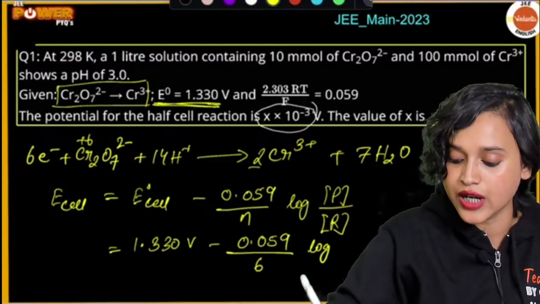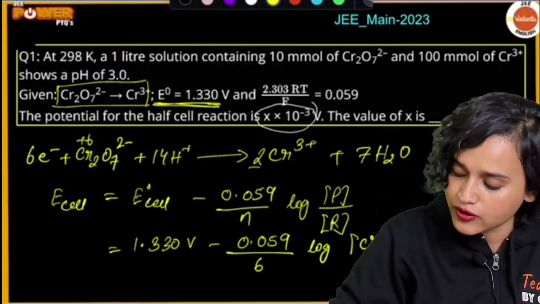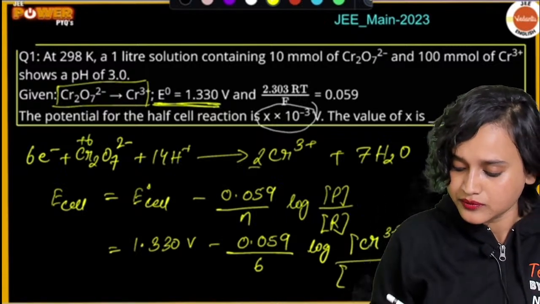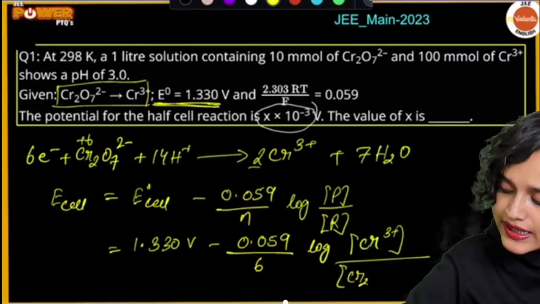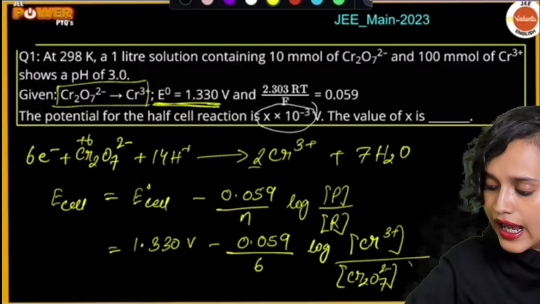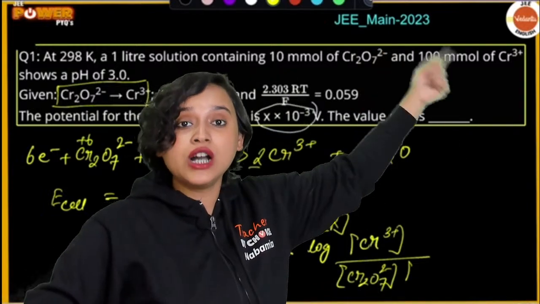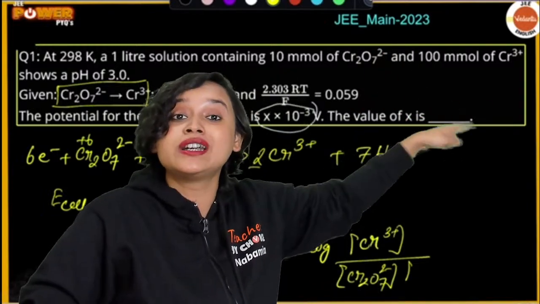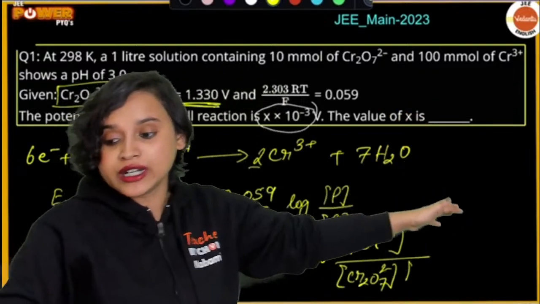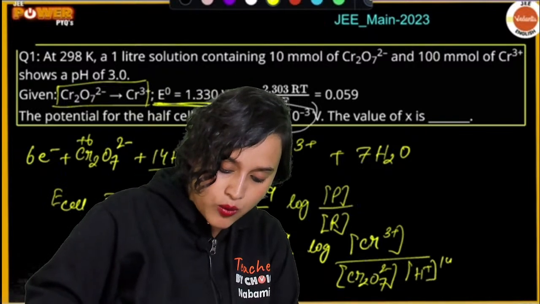So we are going to write Cr3 plus here divided by the reactant side, Cr2O7 2 minus, and H plus raised to the power of the stoichiometric coefficient, so H plus to the power 14.